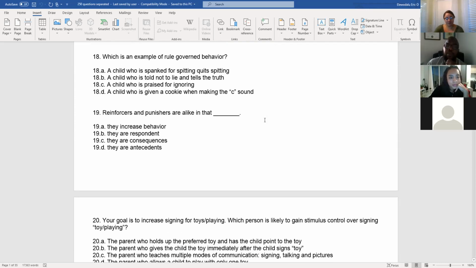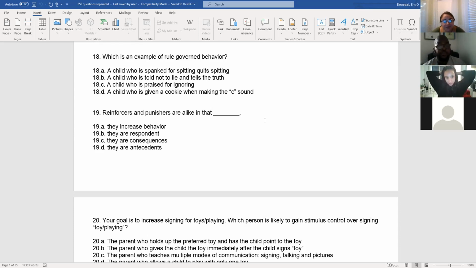Which is an example of rule-governed behavior? The whole time I thought that's the one we were doing. A, a child who is spanked for speaking quite spirit; B, a child who is told not to lie and tells the truth; C, a child who is praised for ignoring; D, a child who is given a cookie while making the system.